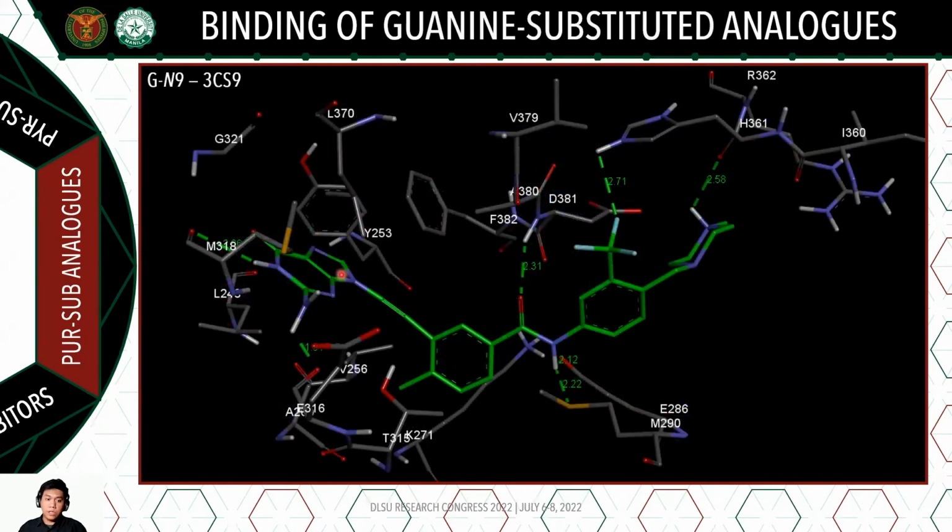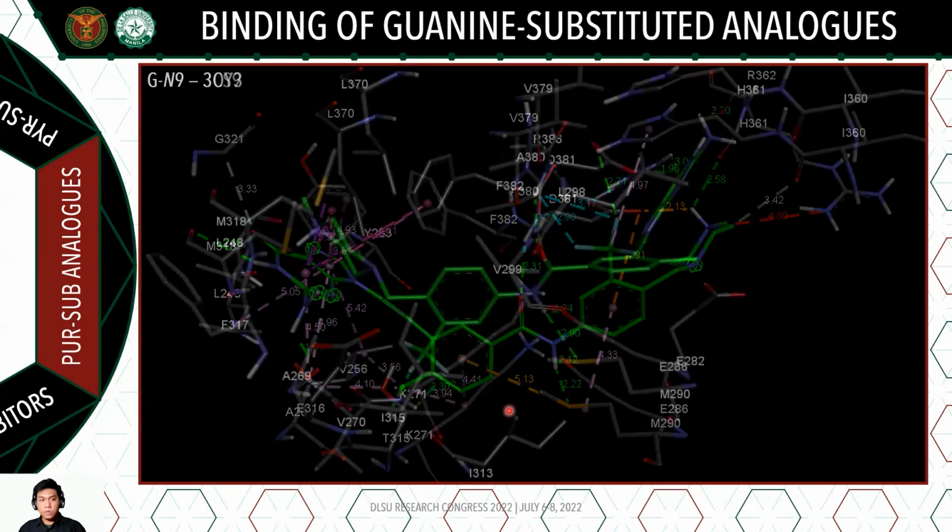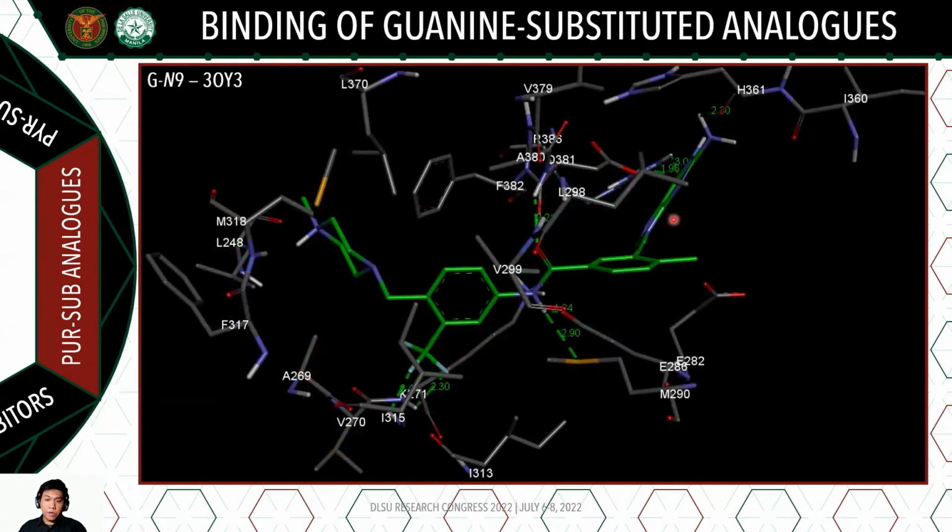For the guanine-substituted analogues, you can see a new hydrogen bond with E316 and a pi-sulfur interaction with M290 with this pi system. For the GN9 in 3OY3, the one that is inverted, you can see the hydrogen bonding of the trifluoromethyl group with K271 and I315, whereas its guanine interacts with H361 and with the guanidino group of R386.